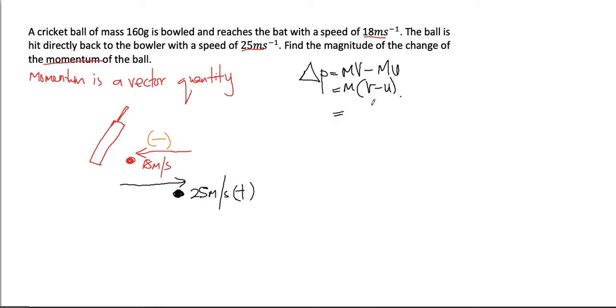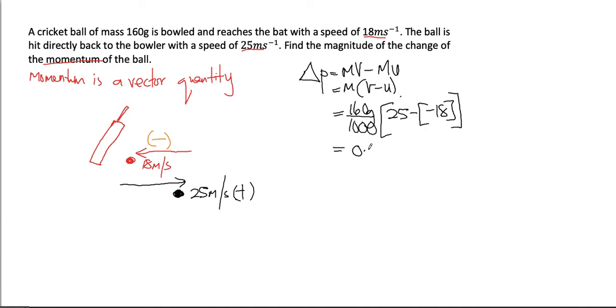The mass of the ball is 160 grams, so we have to change this to kg. You divide that by 1000 and then multiply by the final velocity, which is 25, minus the initial velocity, which is negative 18. Remember that the sign is important.